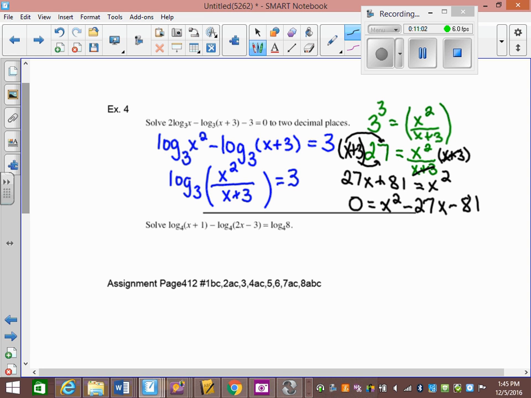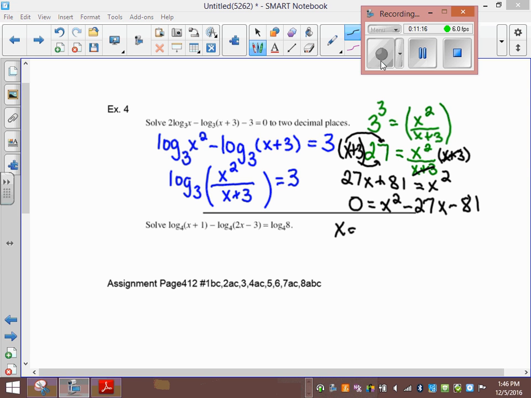If they wanted you to do this fully, you'd have to use the quadratic formula. I'm not going to make you do that. So plug it into your calculator and get your 2 x-intercepts to 2 decimal places. So you're going to get one negative and one positive in this case. Do you always get one negative and one positive when you factor? Does every graph always give you a negative x-intercept and a positive x-intercept? No, you could have 2 positives.